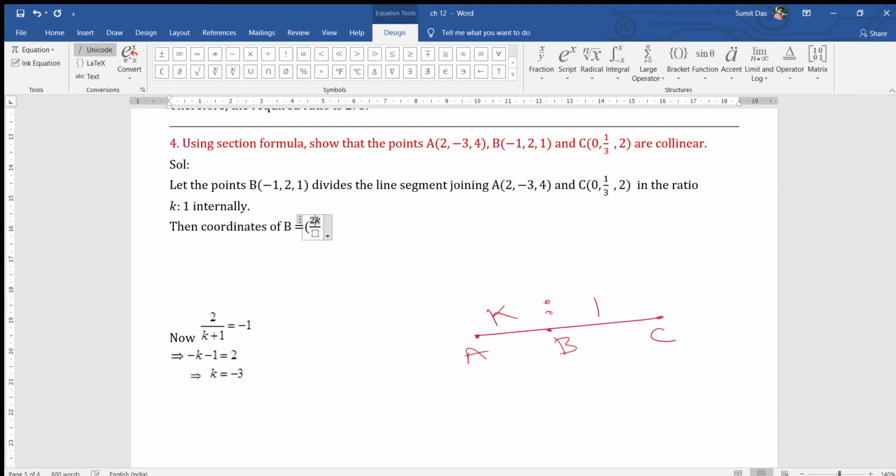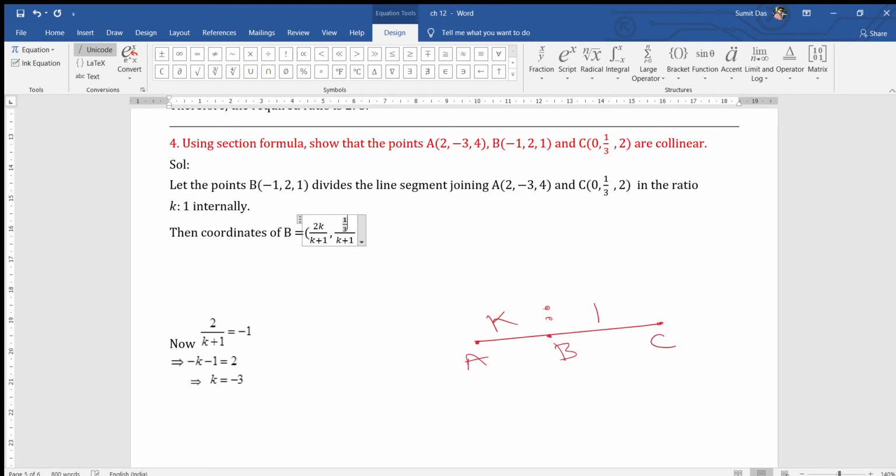It will be 2k plus 0, and plus 0 doesn't matter, divided by k plus 1. Now, comma, the next will be divided by k plus 1. Numerator will be 3k, but not plus, minus 3.